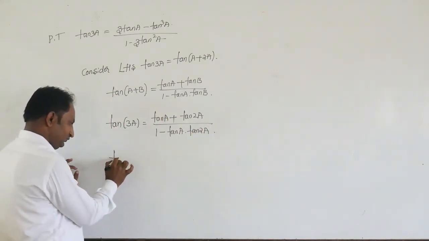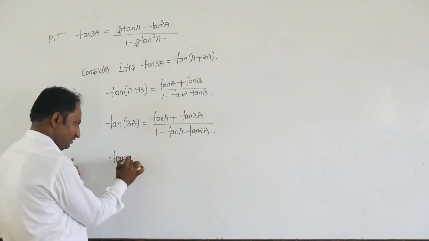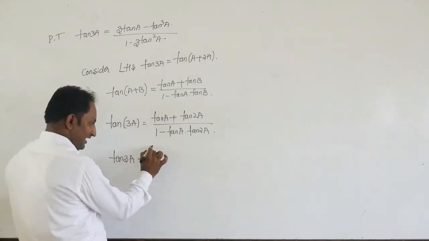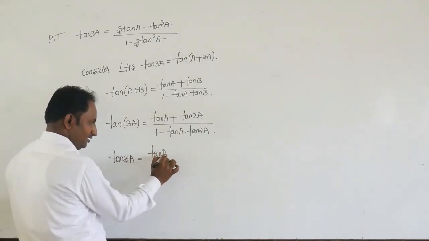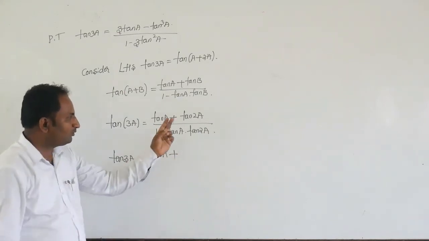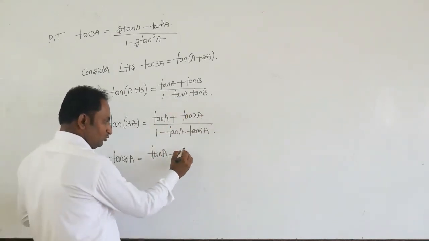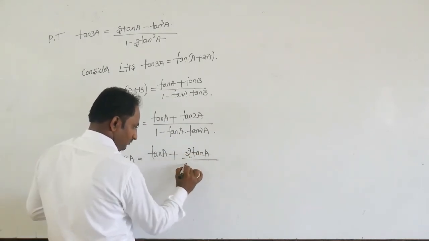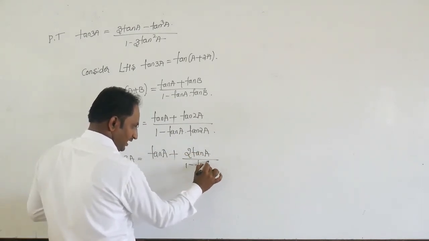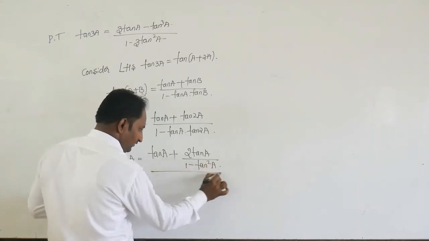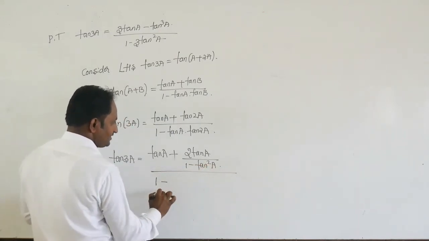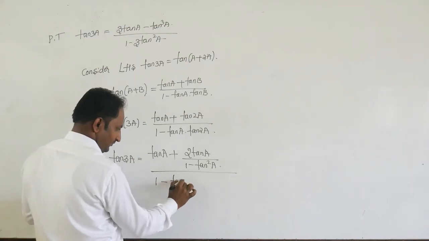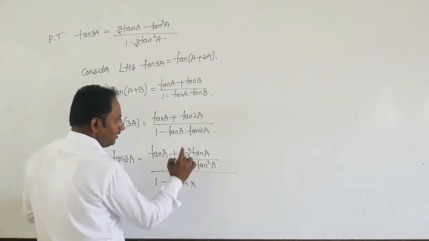Here tan of 3A is equal to tan A plus, we know the formula tan of 2A is 2 tan A divided by 1 minus tan square A, whole divided by 1 minus tan A into tan of 2A.